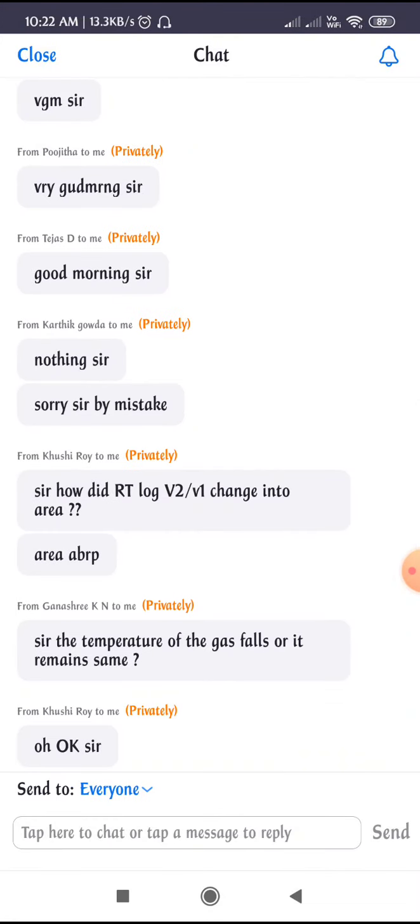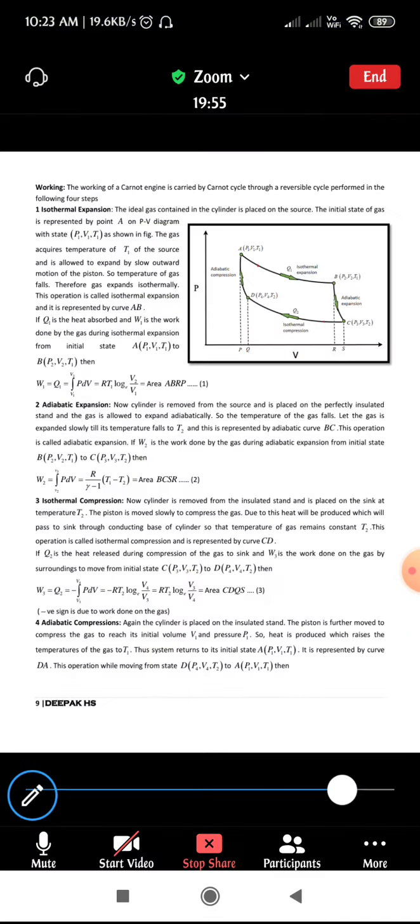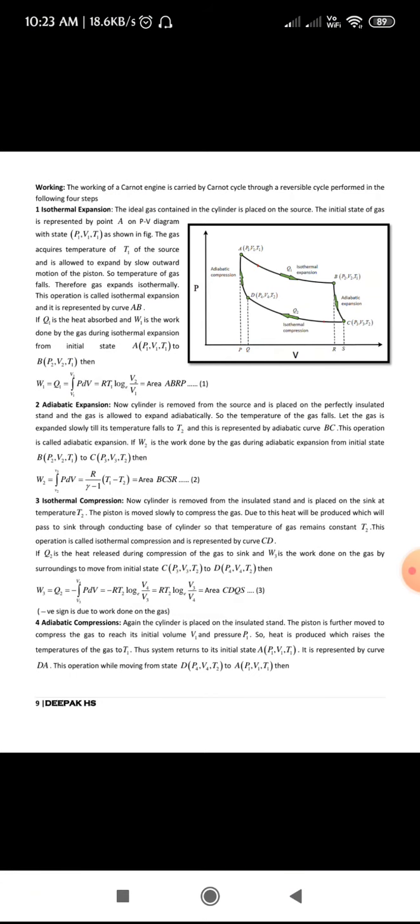Next, Ganesh asks if the temperature of the gas falls or remains the same. Good question. See here, what happens exactly is, when you place the cylinder on the source, the pressure, volume and temperature of the gas enclosed in the cylinder is nothing but P1, V1, T1, right?